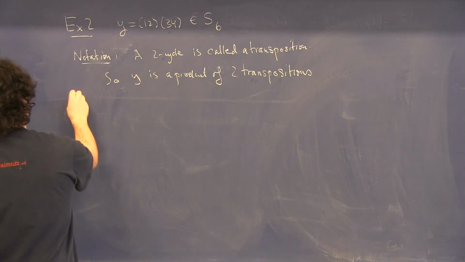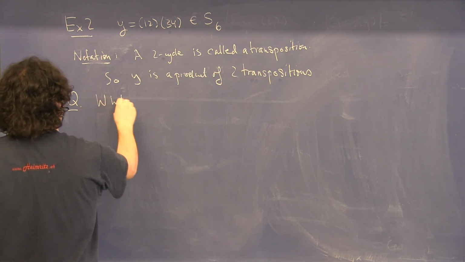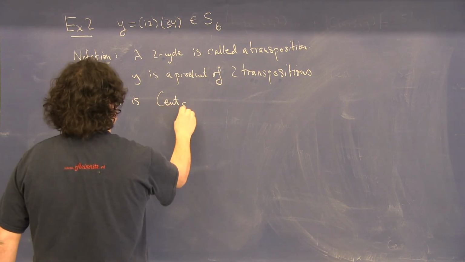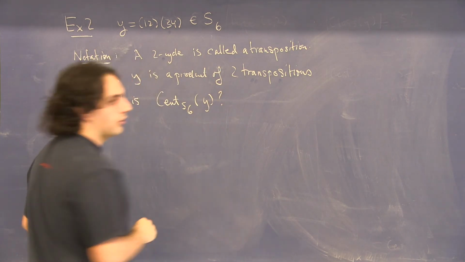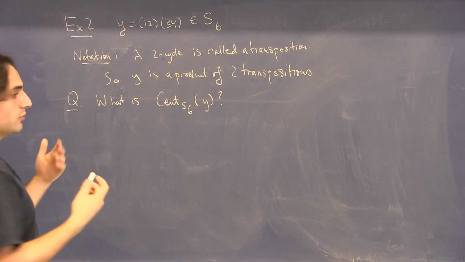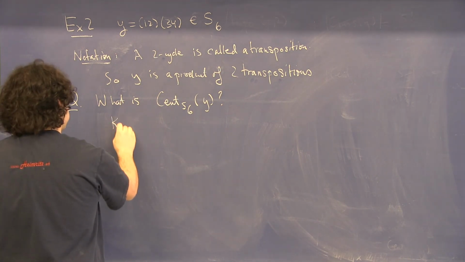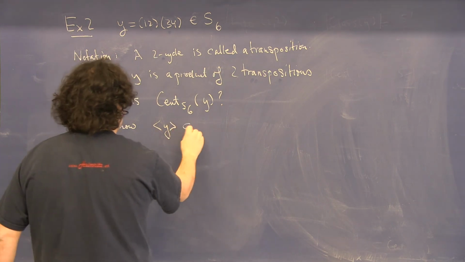Anyway, so we are interested in what is the centralizer in S6 of y. As I was telling you, and as we saw in the previous example, we know that the subgroup generated by y lies in there.